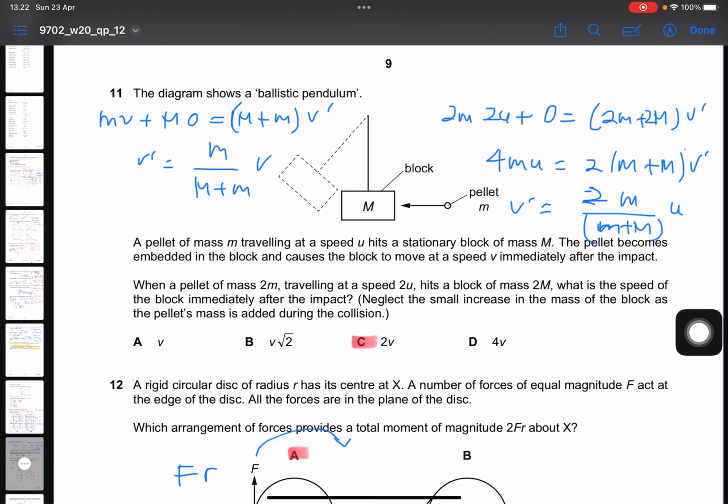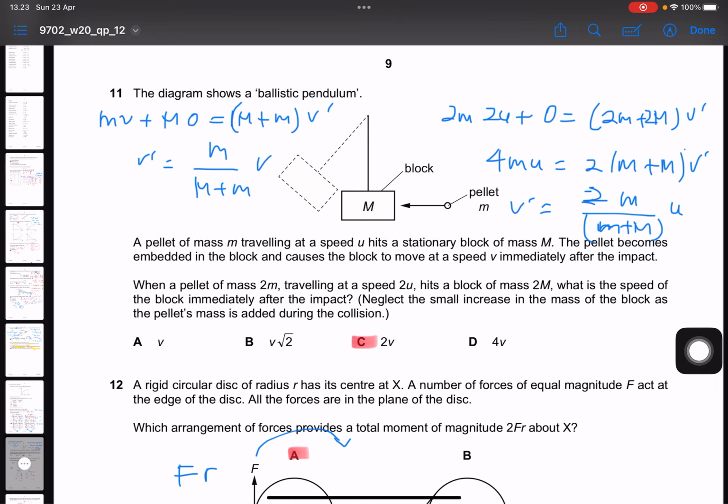When a pellet of mass 2m traveling at speed 2u hits a block of mass 2m, what is the speed of the block immediately after the impact? Neglect the small increase in the block's mass as the pellet is added during the collision.